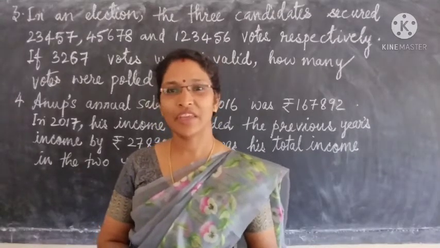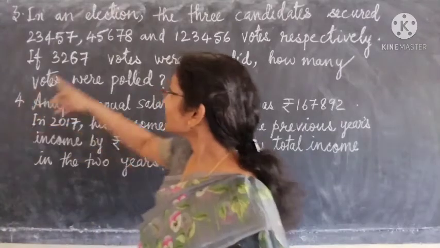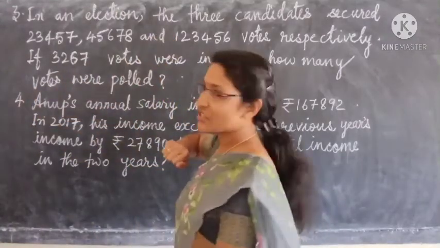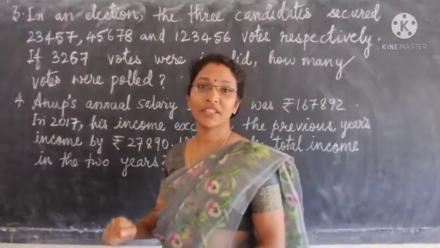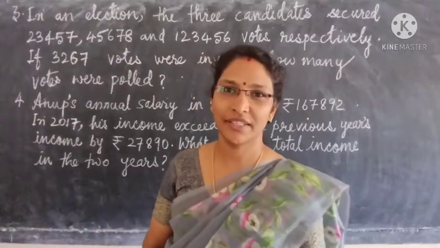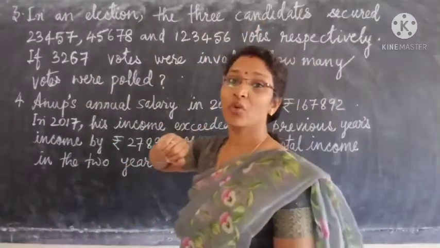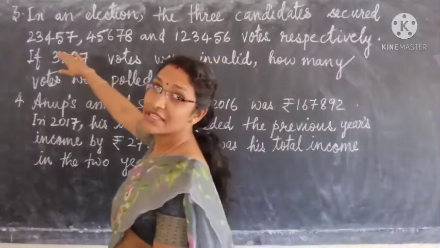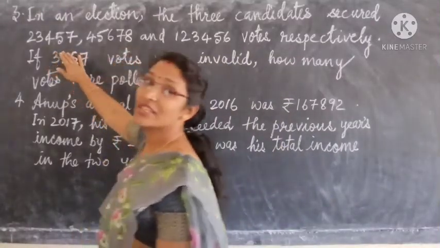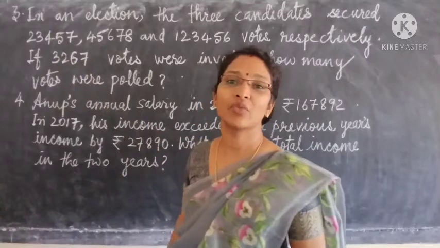In the same way, we can see here, in this election, how many candidates were there? 3 candidates were there. And for the first candidate, how many votes did he secure? 23,457 votes.